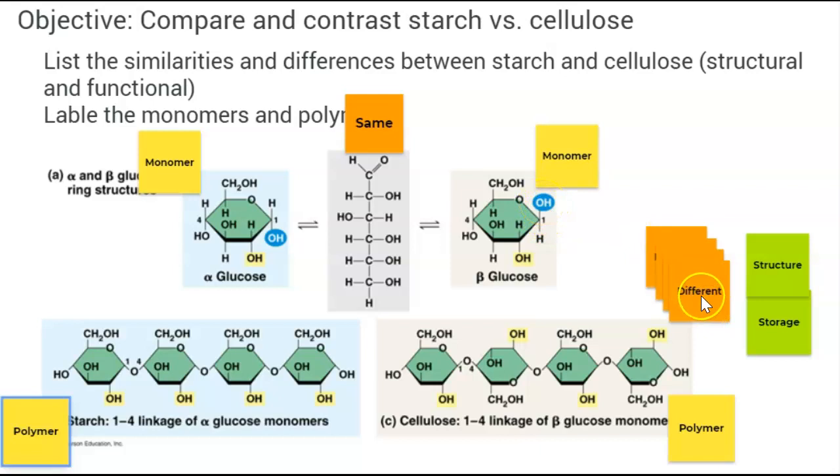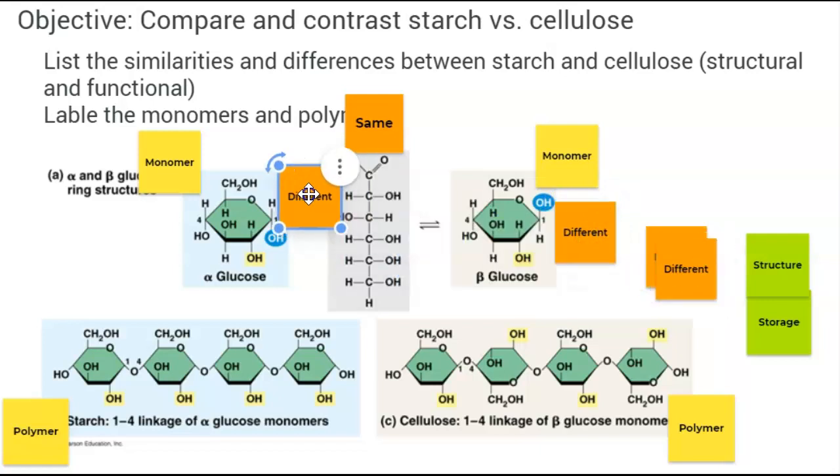So that is the difference that causes the biggest effect between starch and cellulose. All it is, this becomes a ring structure, and then because of the way the bonds form, this hydroxyl group is on the top for beta glucose, and it's on the bottom for alpha glucose.